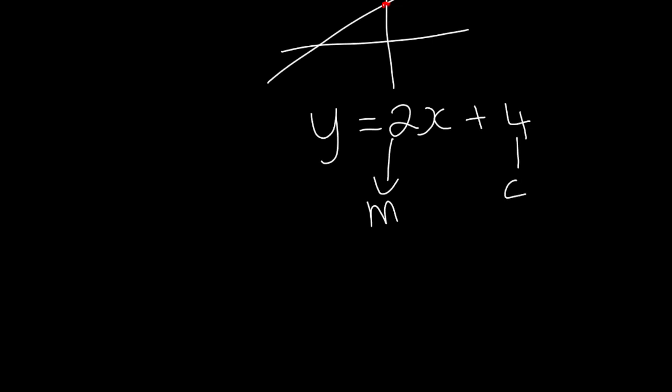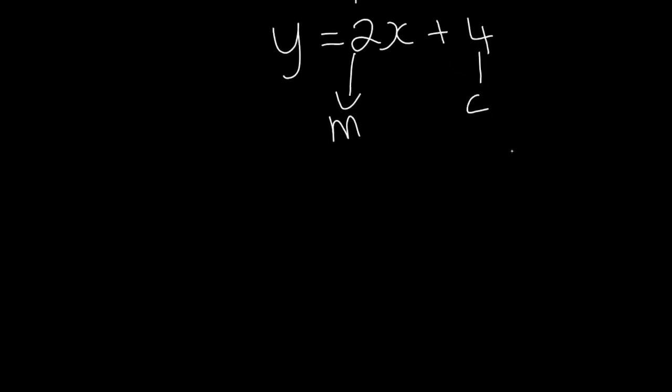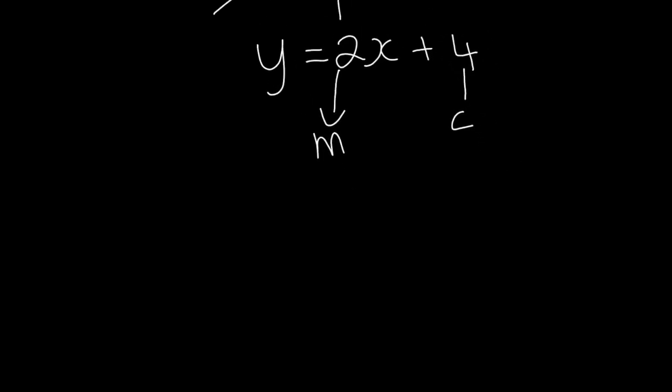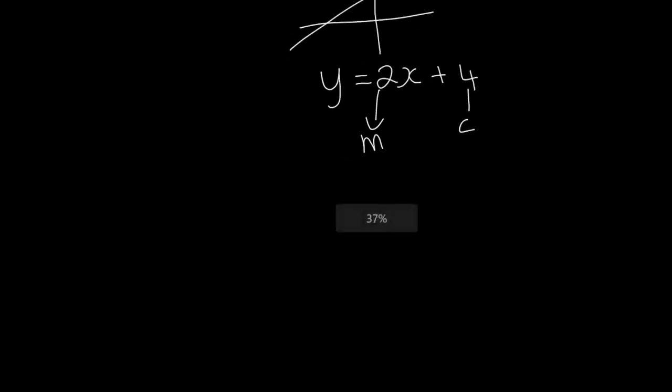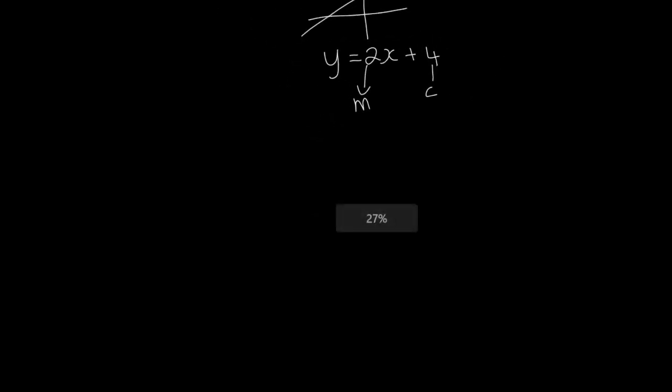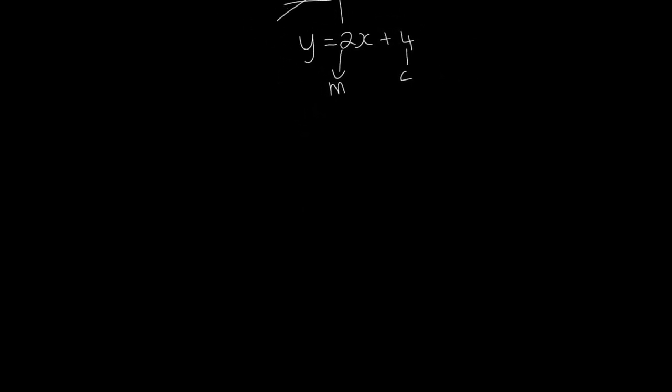Okay, great. Now let us look at how to draw. Let us look at how we can best draw the graph of this equation. So what is it that we need to know before I can draw?